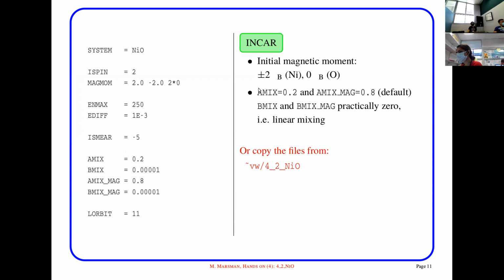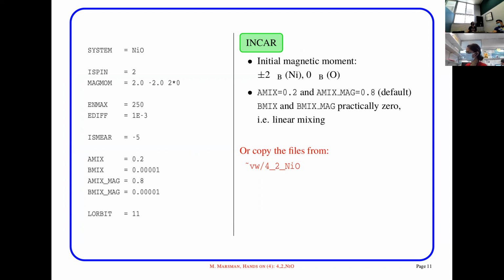Okay? Here, in the magnetic moment part, could I put just 2 multiplied by minus 2?